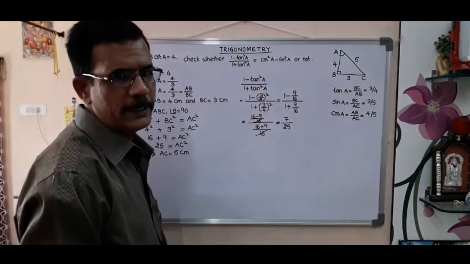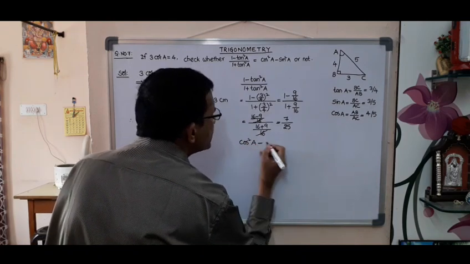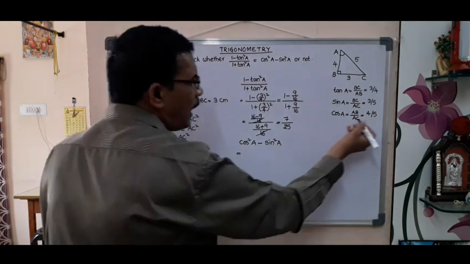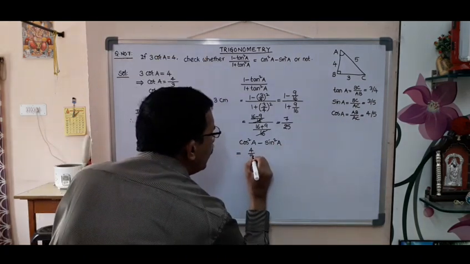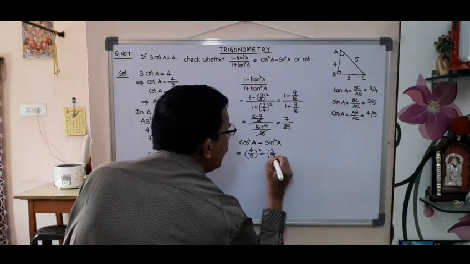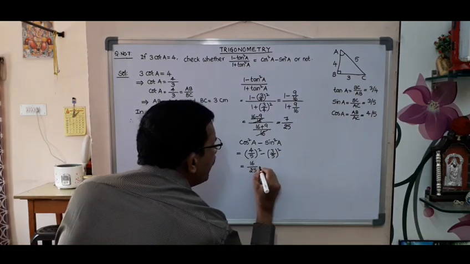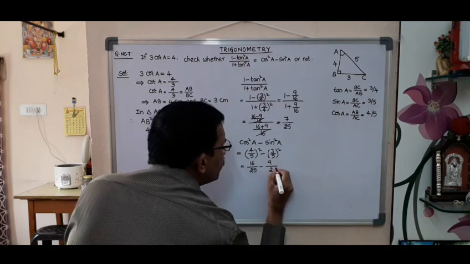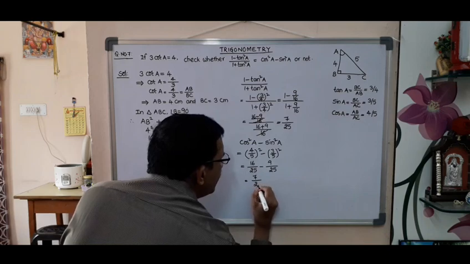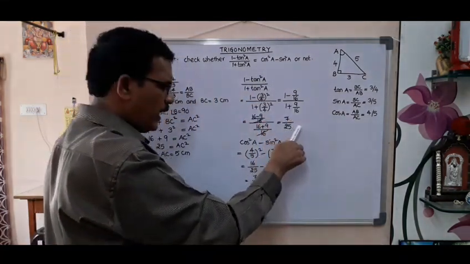Now let us find cos square A minus sin square A value. Cos square A minus sin square A is equal to cos A 4 by 5 whole square minus sin A 3 by 5 whole square. This is equal to 16 by 25 minus 9 by 25. 16 minus 9 is 7 by 25. 1 minus tan square A by 1 plus tan square A value is 7 by 25.